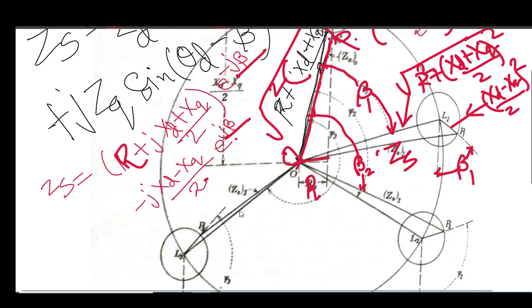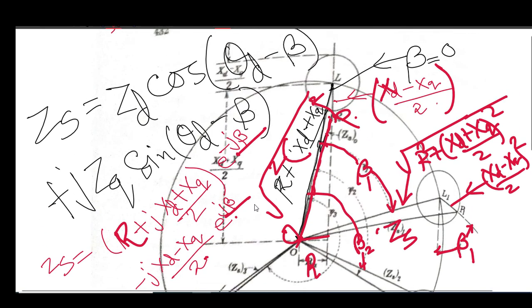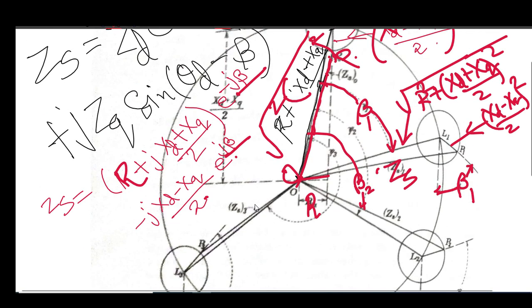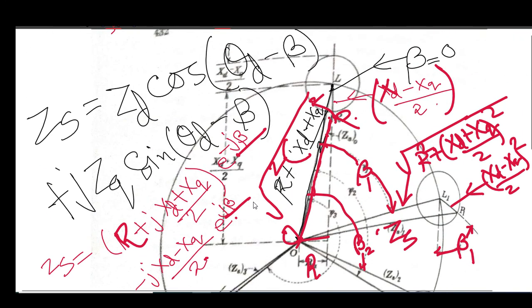So for different values of beta, you are getting different values of ZS. Now the question is when you can get the maximum and minimum value of ZS.